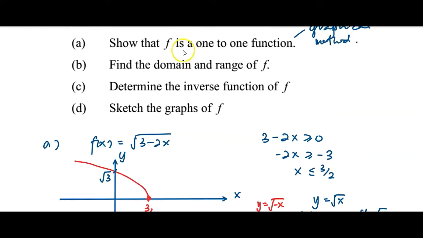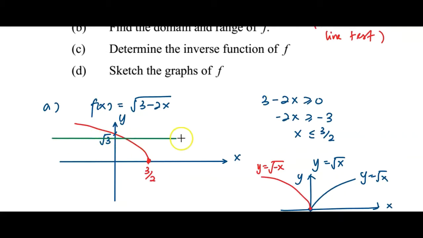You want to show that f is a one-to-one function, right? You can always use the graphical method, that is the horizontal line test. Graphical method is also known as the horizontal line test in this case. Meaning that we are going to sketch a horizontal line. I use a green color to sketch a horizontal line on my graph. My horizontal line always passes through my graph at only one point.